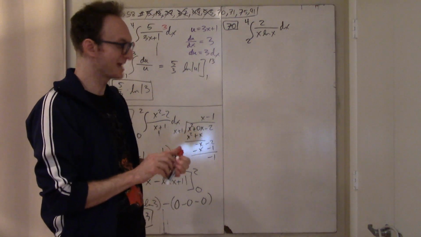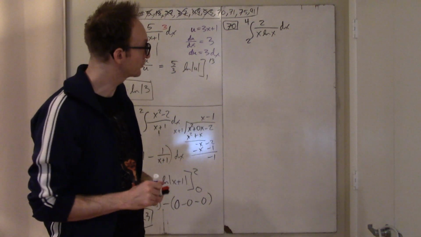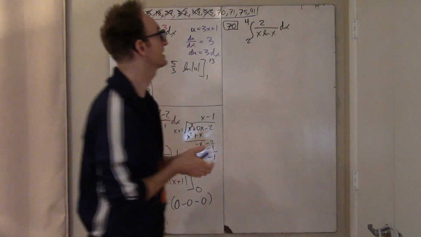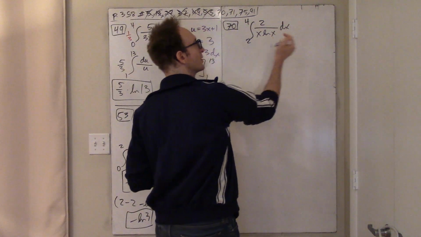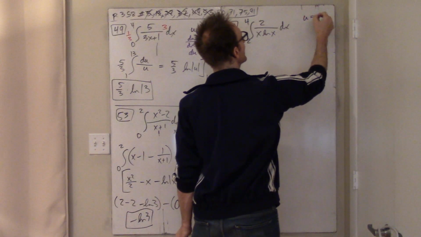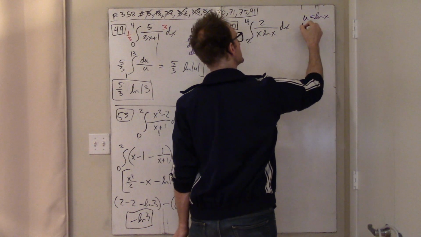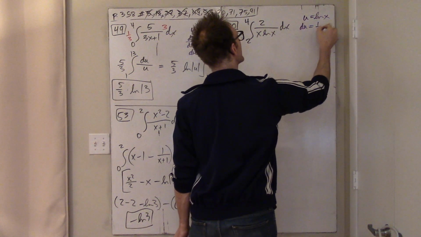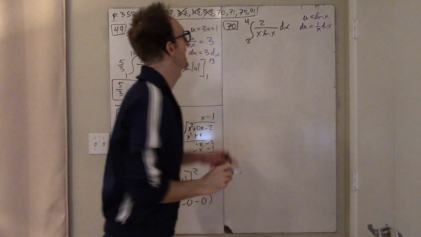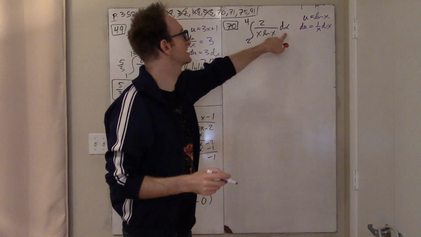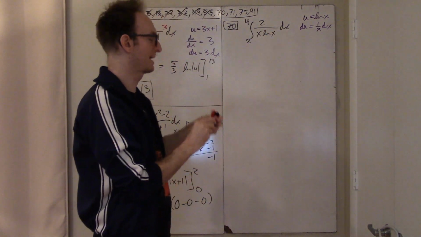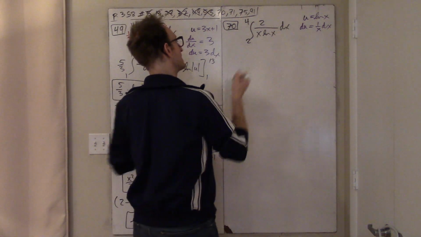I know how because I see that some chain rule happens here. In particular, the derivative of natural log is 1 over x. And therefore, if I let u be ln x, then du is 1 over x dx. And 1 over x dx is just exactly what's sitting there. And so this problem is more or less done.